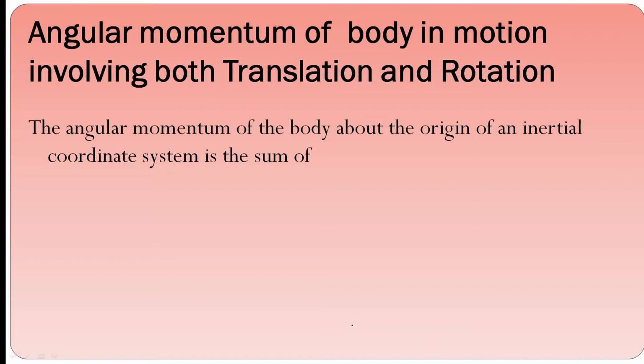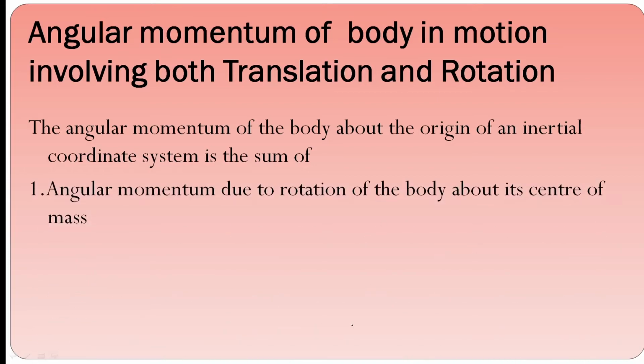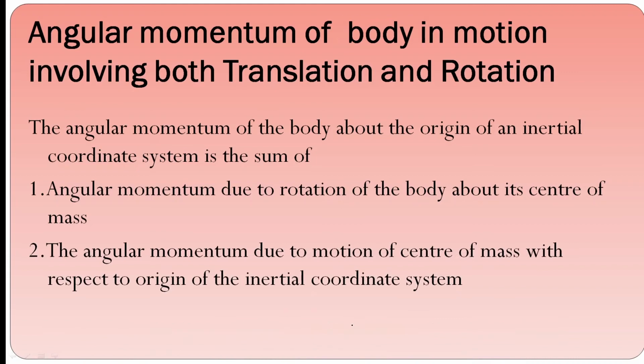So, the angular momentum of the body about the origin of an inertial coordinate system is the sum of the angular momentum due to rotation of the body about its center of mass and the angular momentum due to motion of the center of mass with respect to the origin of the inertial coordinate system.